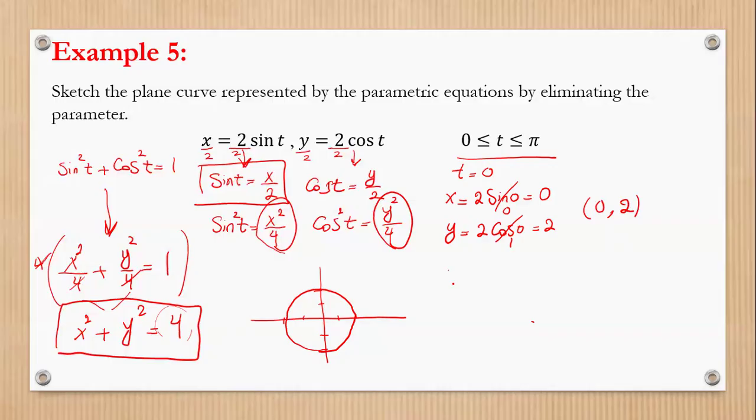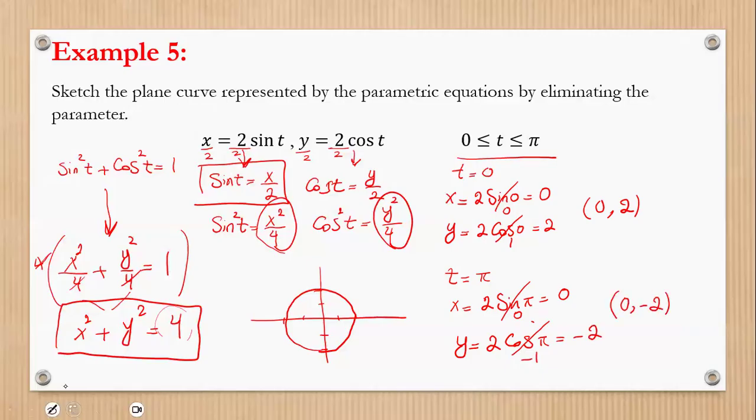If I replace t by pi, the first equation x is 2 sine of pi. Sine of pi again is 0, so the point is still 0 for x. And y is 2 cosine of pi. And I know the cosine of pi is negative 1, and 2 times negative 1 is negative 2.